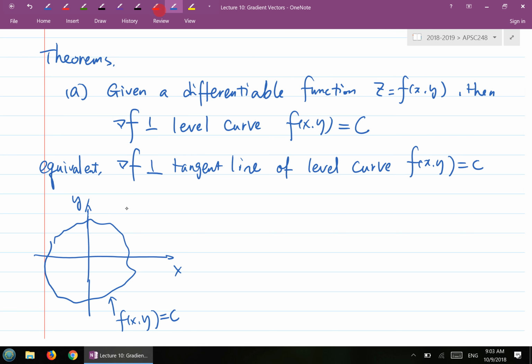Now if we plot out our gradient vector del f, we'll be able to show that this particular vector is actually perpendicular to the tangent line at that point. This tangent line is the line tangent to the level curve. And that's what we can equivalently say, that this gradient vector is perpendicular to this level curve.